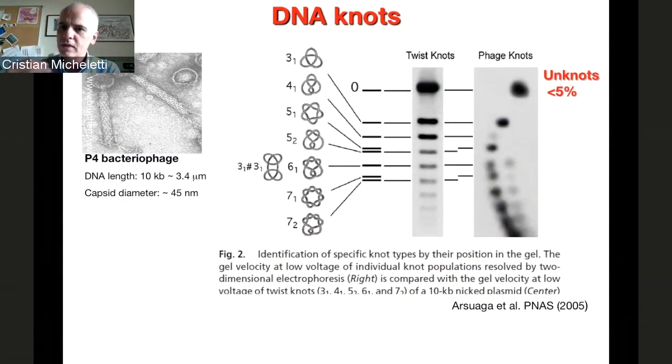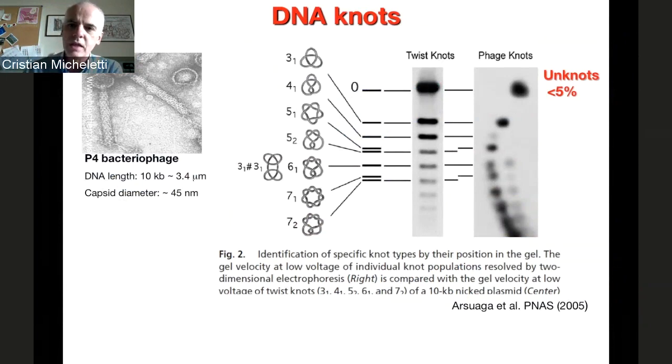And these molecules, these circularized DNA molecules that have all the same length, are found to travel with different velocities. These are the spots that you see on the right. They travel with different velocities, not because they have different length, but their migration velocity in the gel is different because they have different topologies.